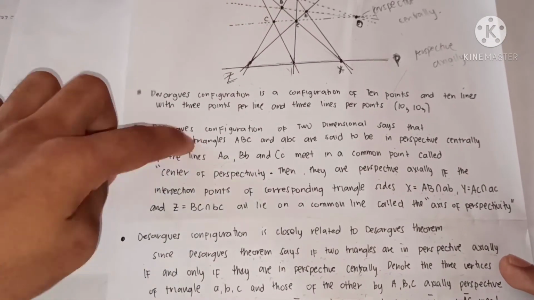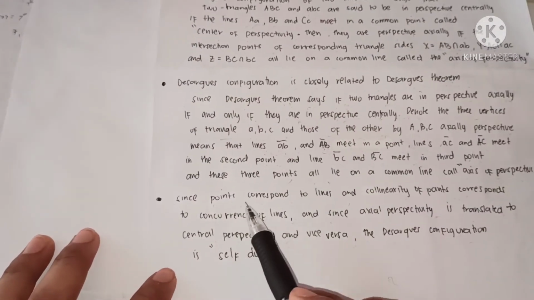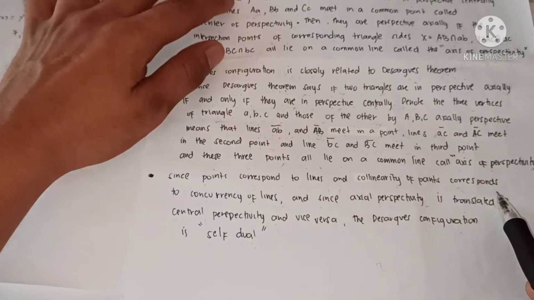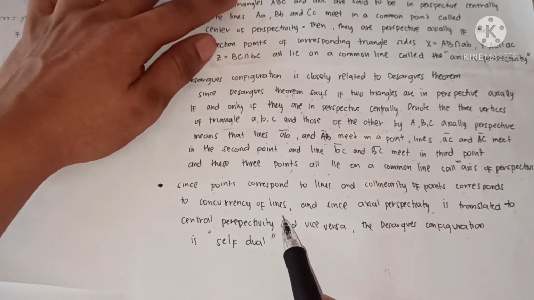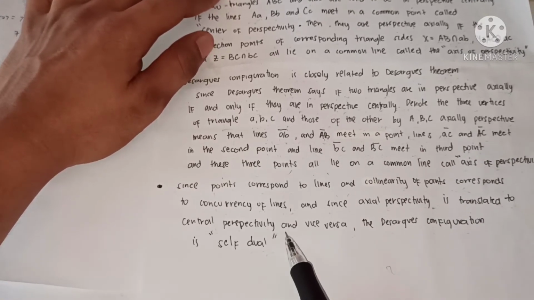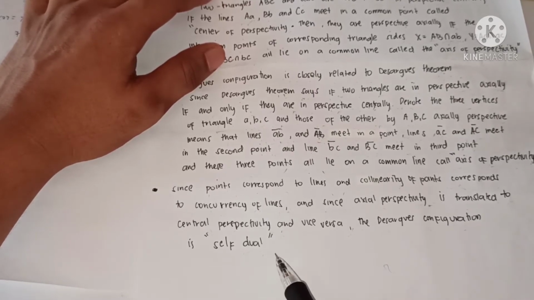It is the same. So proceed to the last. Since points correspond to lines and collinearity of points corresponds to concurrency of lines, and since axial perspectivity translates to central perspectivity and vice versa, the Desargues configuration is self-dual.